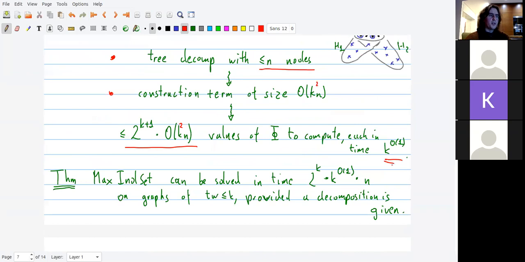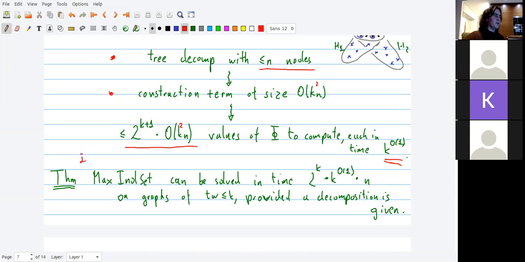I would like to be a little bit careful about it because I do not want to speak about accessing memory cells in dynamic programming tables that have exponential size indexing sets. So I assume that in the computation model, whenever I'm accessing a memory cell, it takes me polynomial in k time. So all in all, we've got this many values to compute, each of them computed in polynomial time.